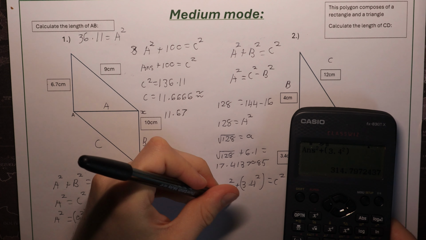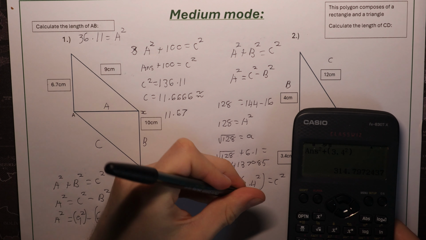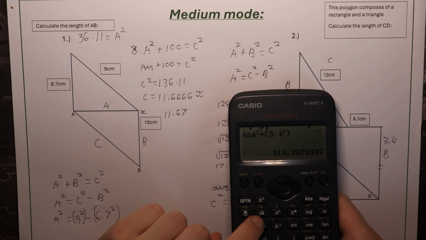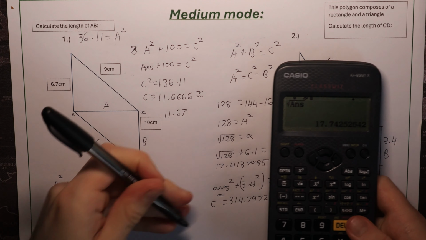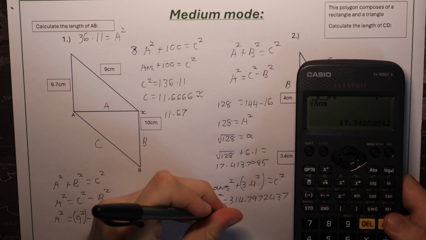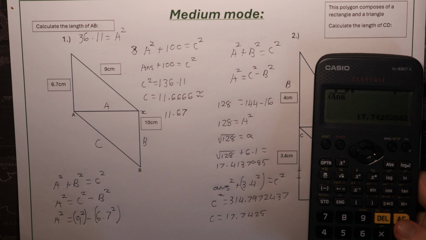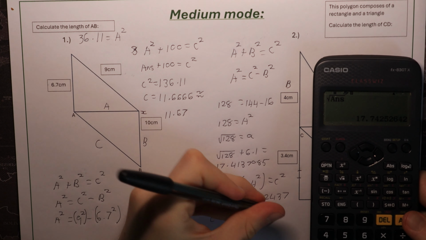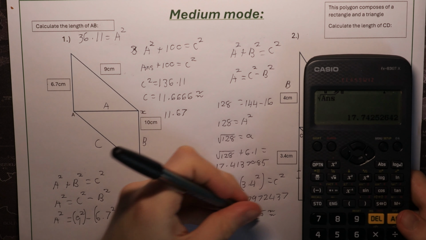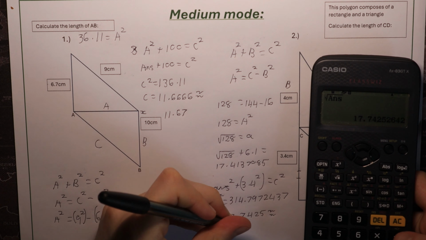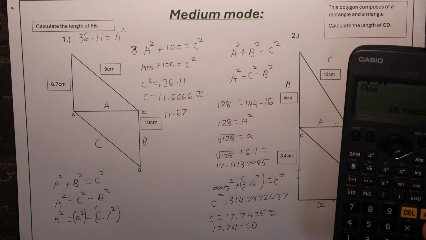C squared equals 314.7972437, and then obviously we root this, and we get c as 17.7425. Obviously the number goes on, and this is approximate to 2 decimal places, which is 17.74, which equals our length CD.